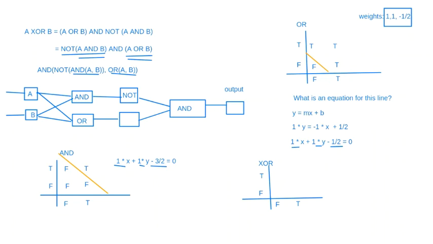What do we end up with? False here and here. True here and here. And what happens if you try to draw a line to separate these?